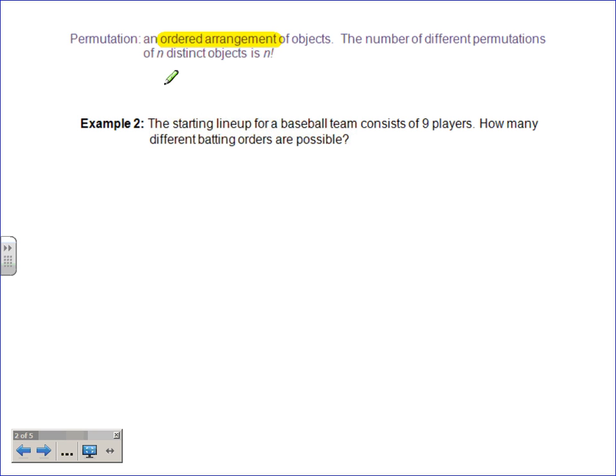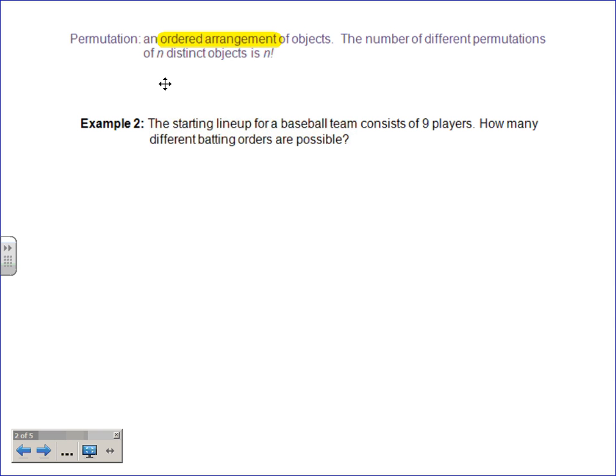That matters. So what that means is if I change the order of the objects, that counts as another possible permutation. Even though they might be the same objects put there, if I rearrange them, it counts differently.